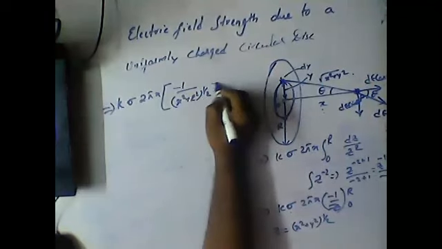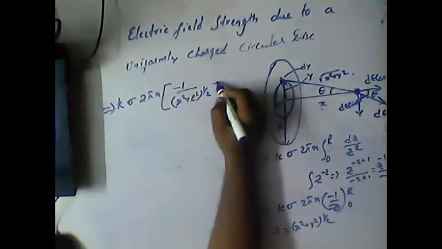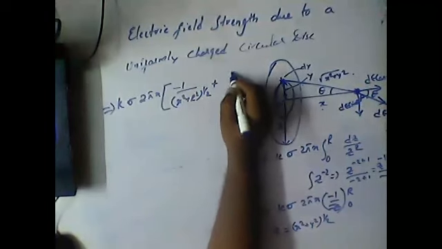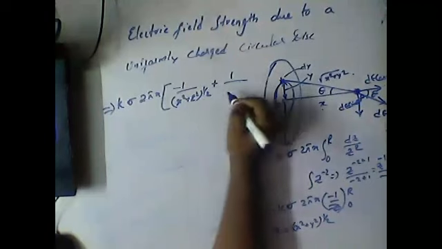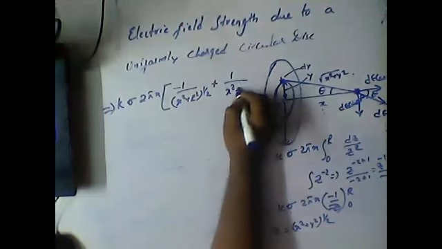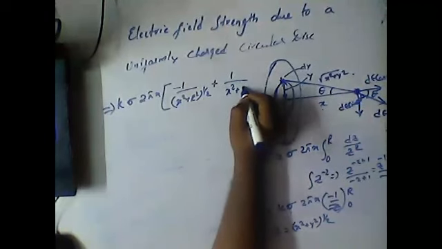Minus of minus becomes plus 1 by (x square plus 0) whole power 1 by 2.